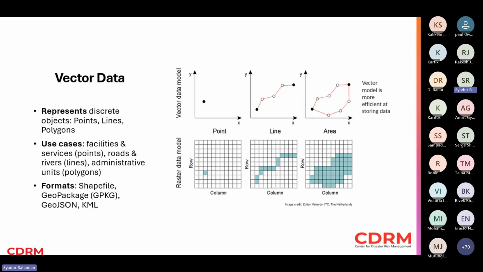We use different types of vector data: first the point data, second the line data, and third the area.